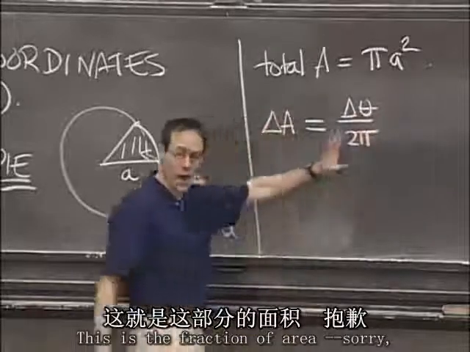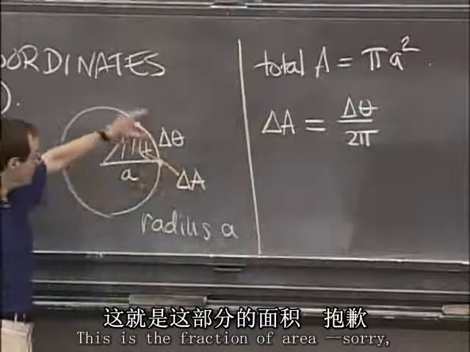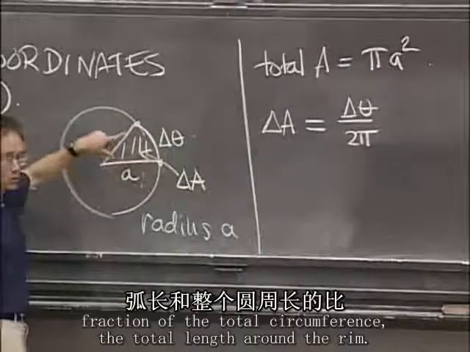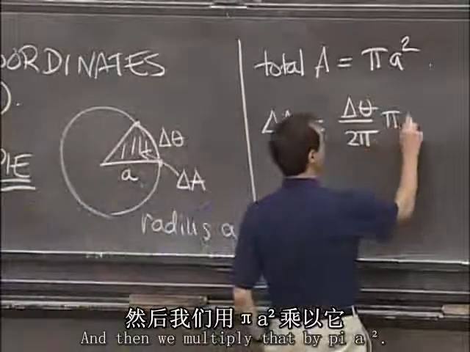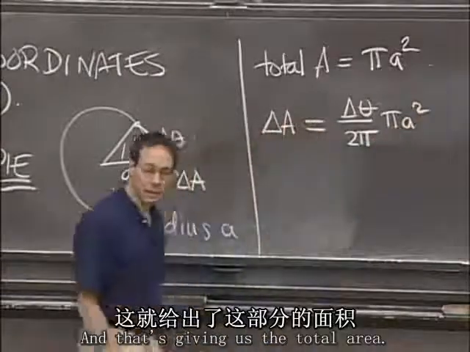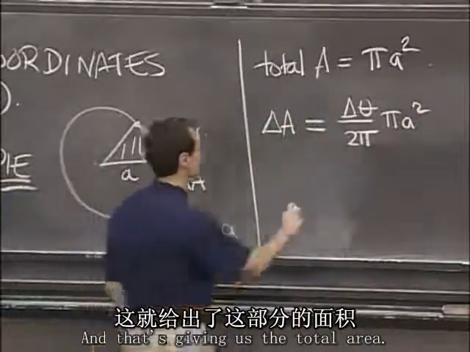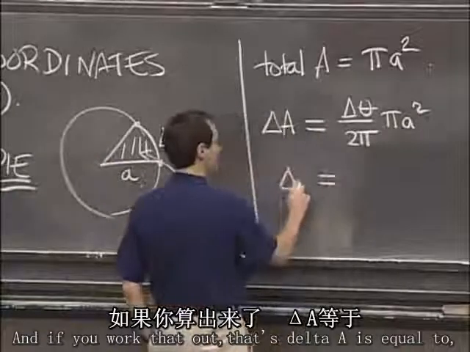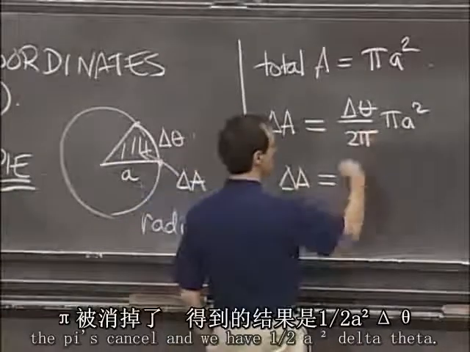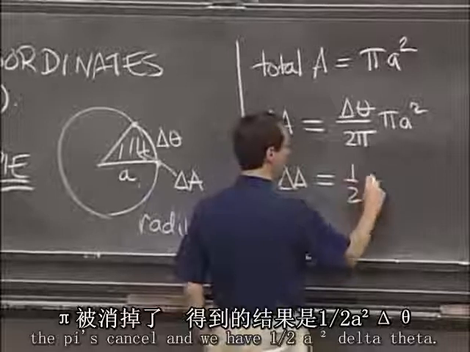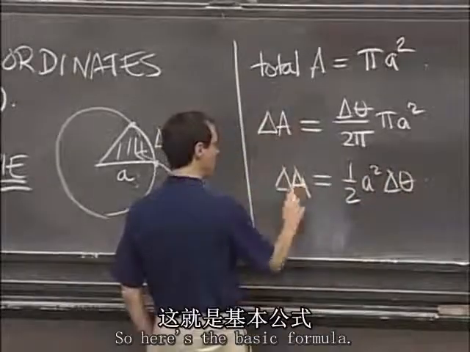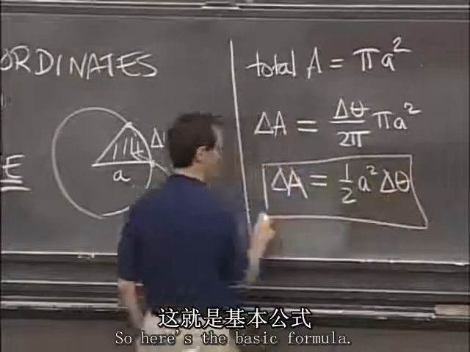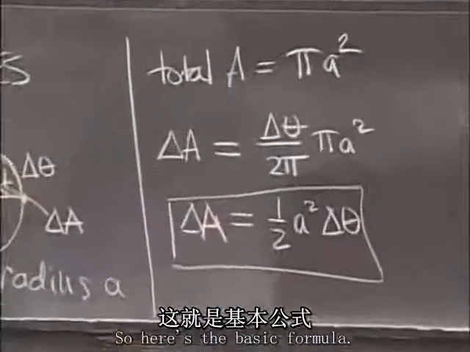This is the fraction of the total length around the rim. And then we multiply that by pi a squared, and that's giving us the area. And if you work that out, the pi's cancel, and delta A is equal to one half a squared delta theta. All right, so here's the basic formula.